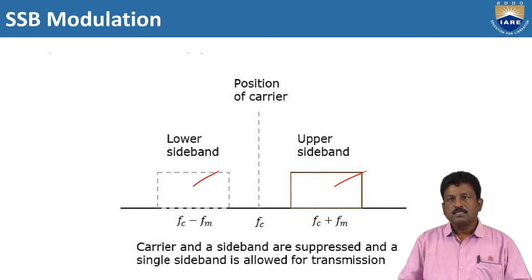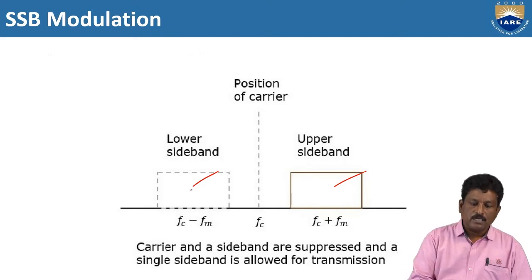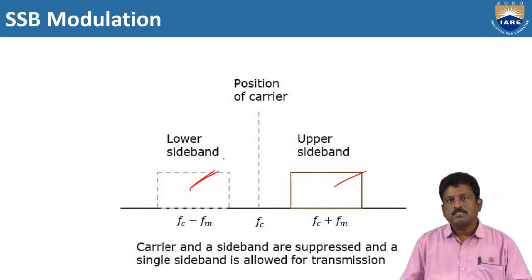That means the information available in the upper sideband is a mirror image of the other sideband, the lower sideband. So there is no need to transmit both sidebands. We can transmit any one sideband, and we can still retrieve the information of both sidebands.